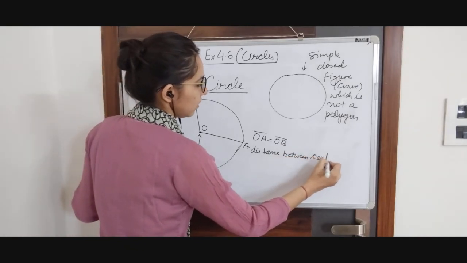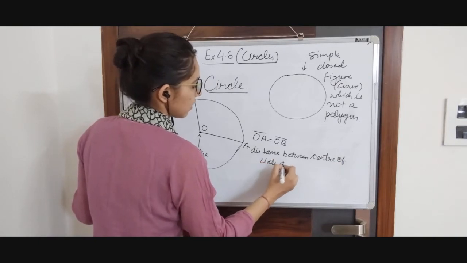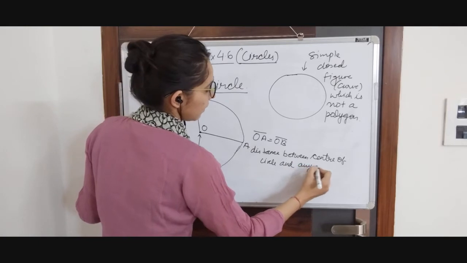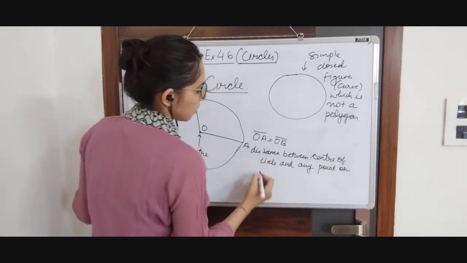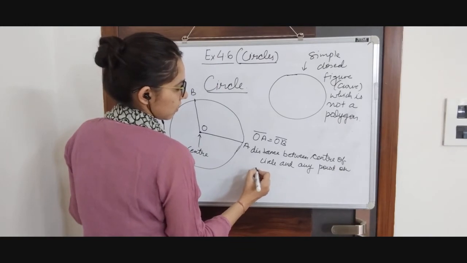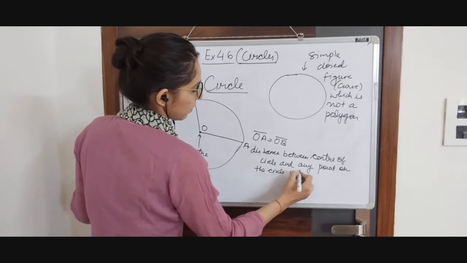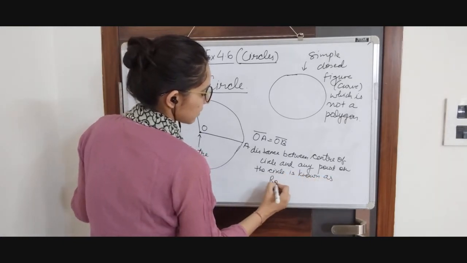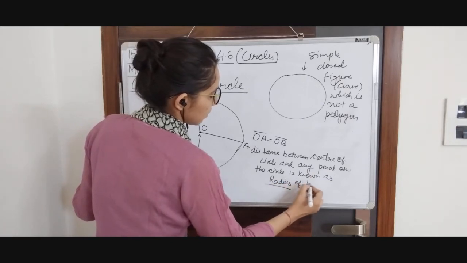And this distance between the center of the circle and any point on the circle is known as the radius of that circle.